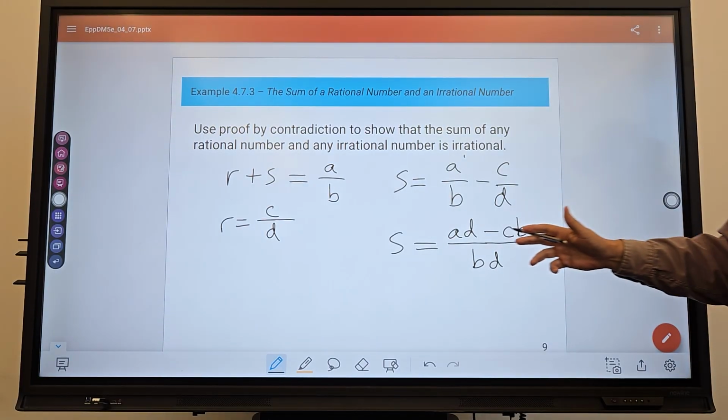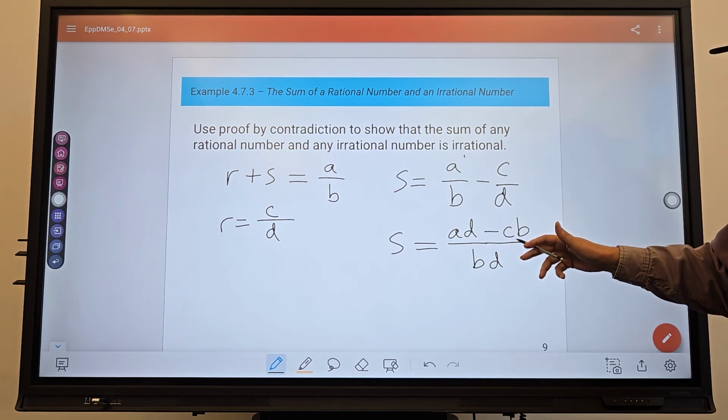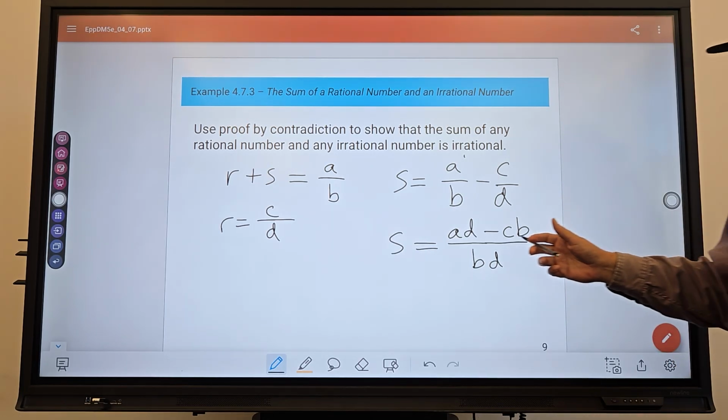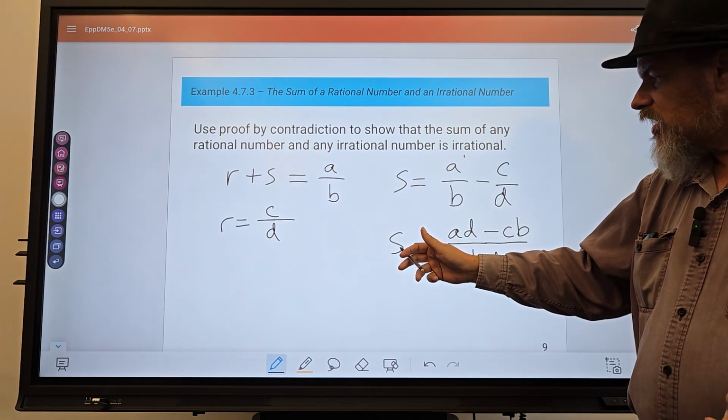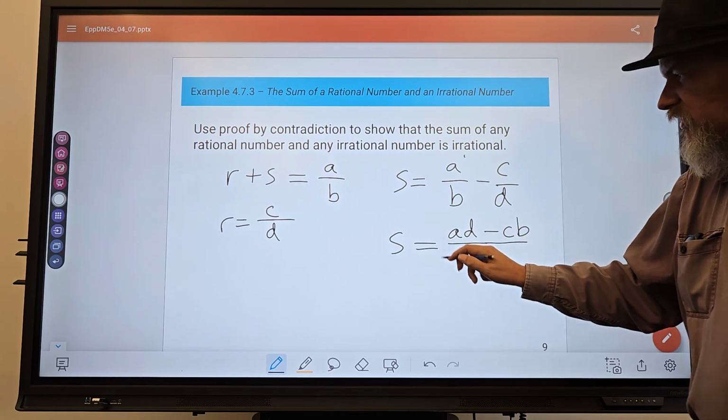But since A, B, C, and D are integers, this numerator is an integer, and this denominator is an integer, thereby making this a rational number, which contradicts the supposition that S is irrational. So the sum of a rational and an irrational number is irrational. Make sense? Kind of, sort of. You prove that this is an impossibility.